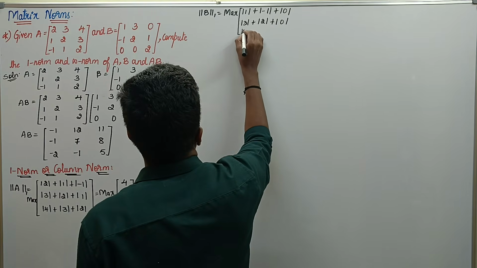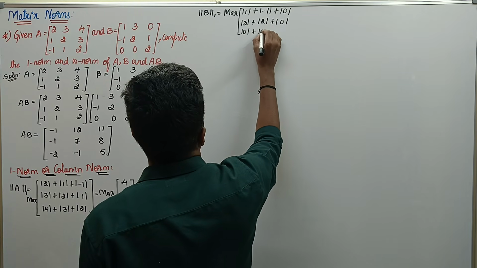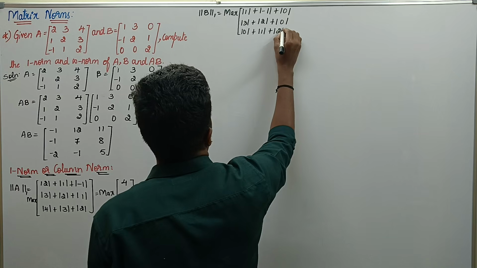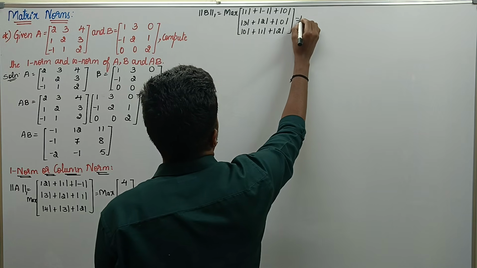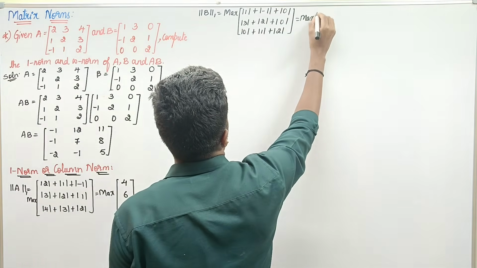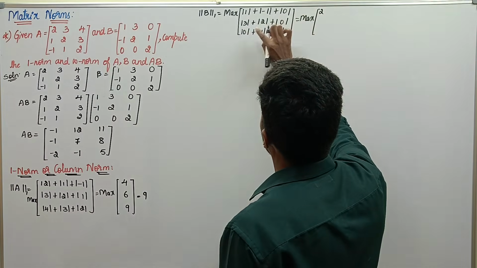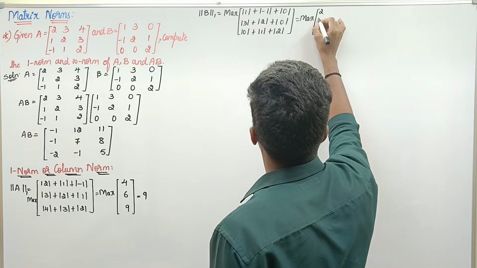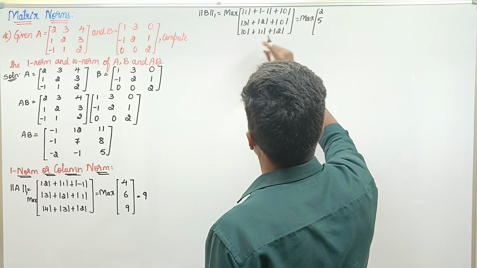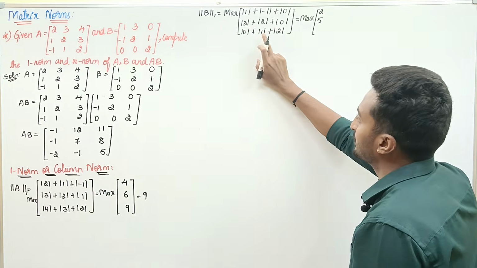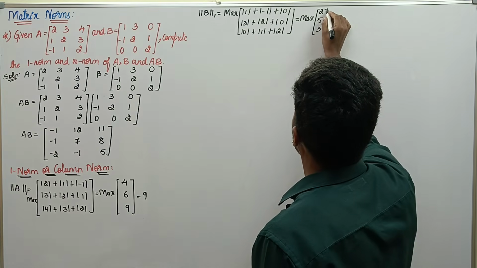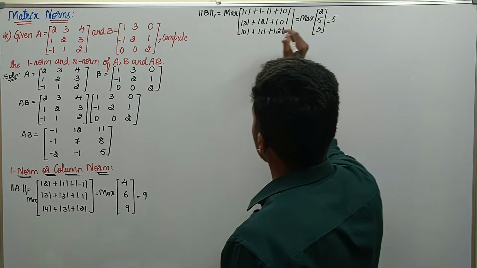Next we have 0 plus 1 plus 2, which will be equal to the maximum of the columns. 1 plus 1, 2, next 3 plus 2, 5, next 0 plus 1, 1, 1 plus 2, 3. The maximum is 5. Done.